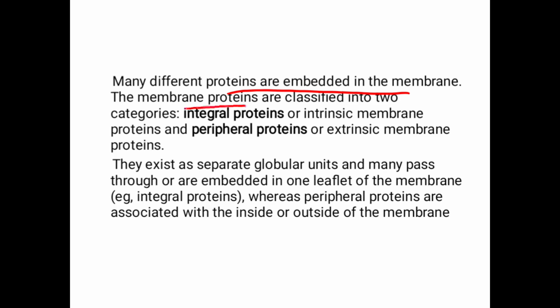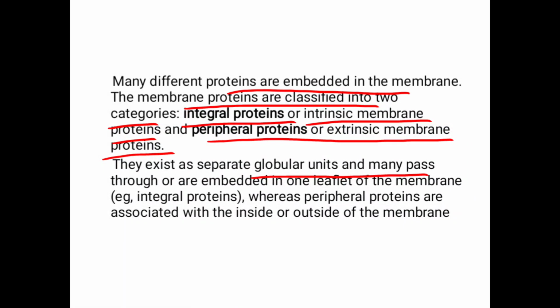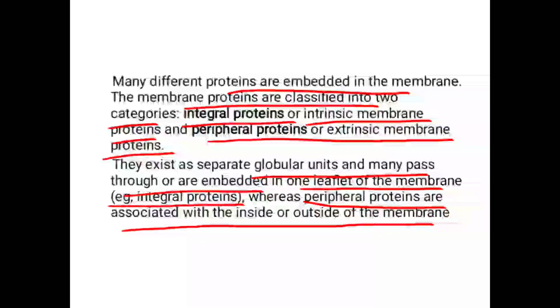The membrane proteins are classified into two categories, that is integral proteins or intrinsic membrane proteins, and peripheral proteins or extrinsic membrane proteins. They exist as separate globular units and many pass through or are embedded in one leaflet of the membrane, for example integral proteins, whereas peripheral proteins are associated with the inside or outside of the cell membrane.